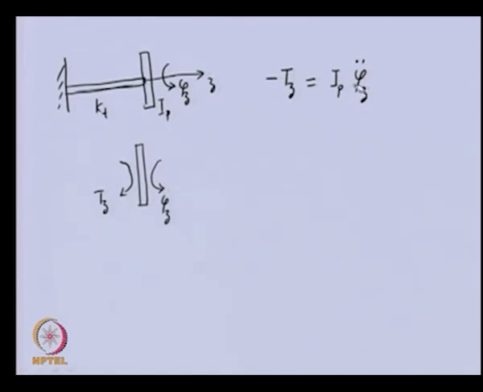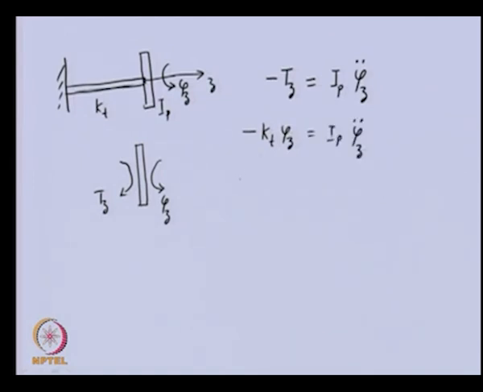We are equating it to this much. Now, this particular torque is coming from the torsional stiffness. So, we can replace this torque with the expression kT into the angular displacement which we have given. So, this will be equal to IP.